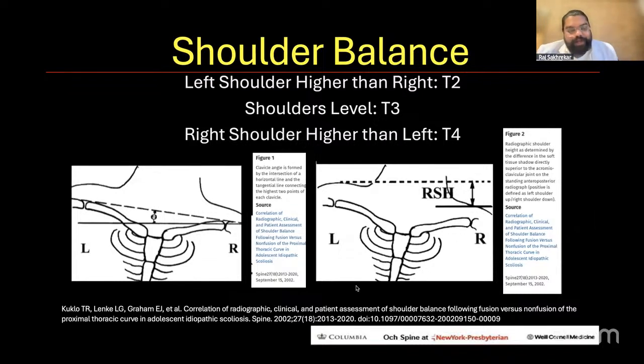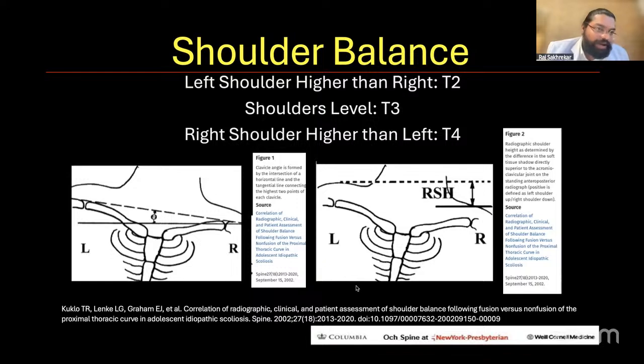If the T1 inclination is more towards the right, then the structural curve is the right itself, and you can consider stopping at 3, 4, or 5. That means the main thoracic curve is the structural one, and the proximal thoracic has less significance.